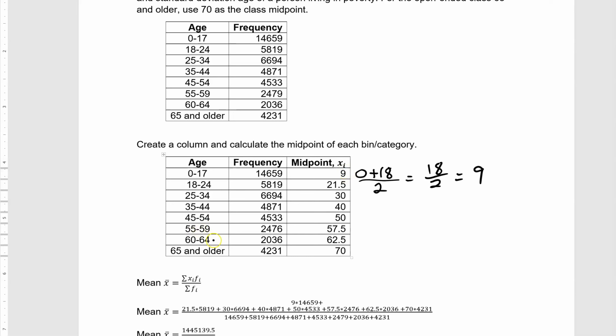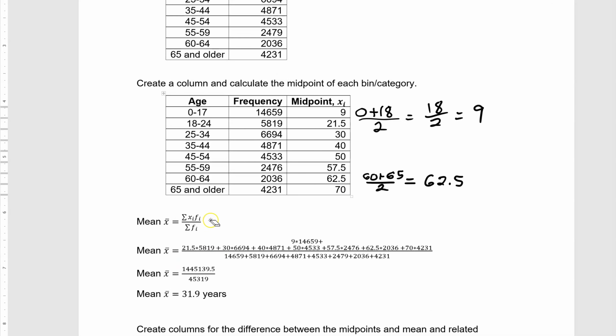Similarly, if I look at the 60 to 64, I came up with a midpoint value of 62.5 because I added 60 plus 65. When I divided that by 2, I ended up with 62.5. Now the text of the problem had said to use 70 as the midpoint for this last bin.